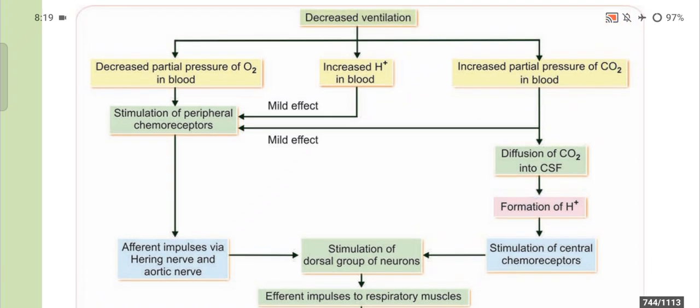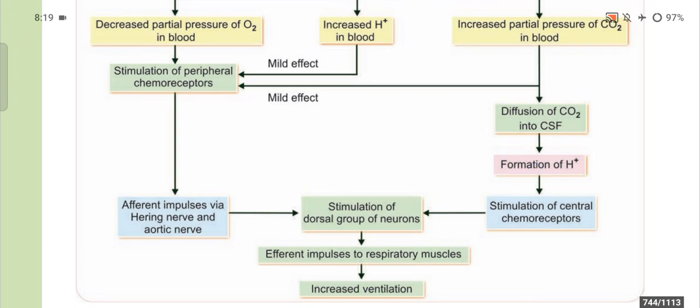The increased H+ in the blood also has a mild effect in stimulating the peripheral chemoreceptor, which we will discuss in the next part, and then we will come to the diagram.